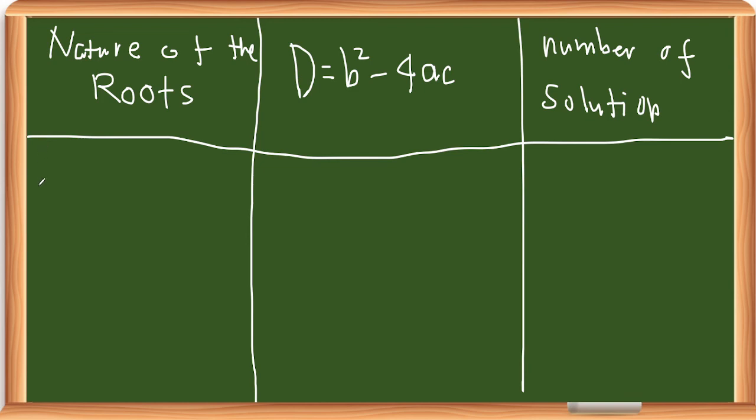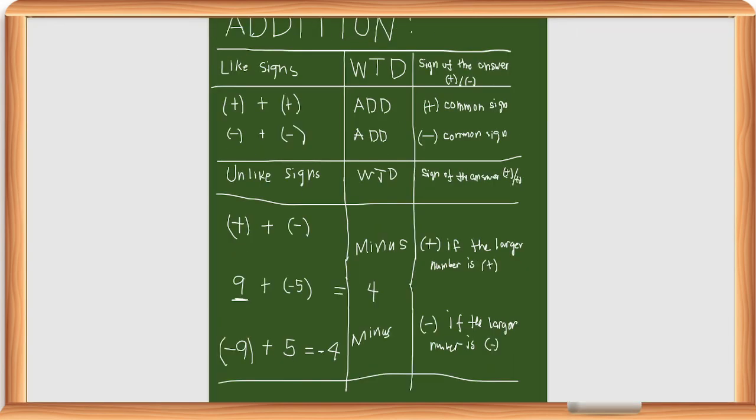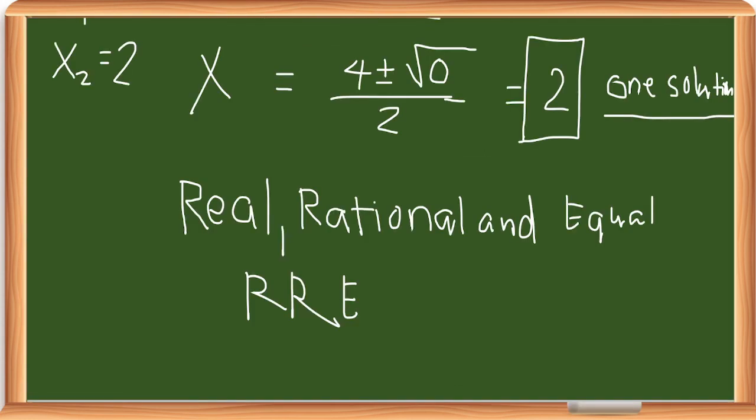So, the nature of the roots, the first. What was the first nature of the roots that we discussed? That is d equal to 0. If your d is equal to 0, okay. Ay, wait. Here pala.